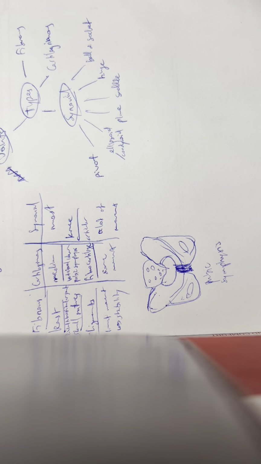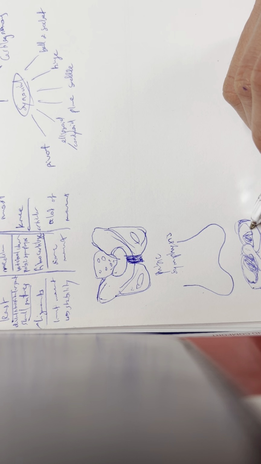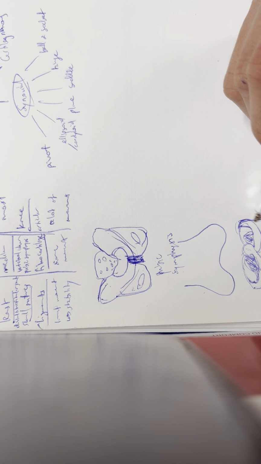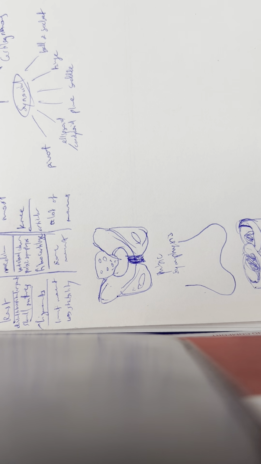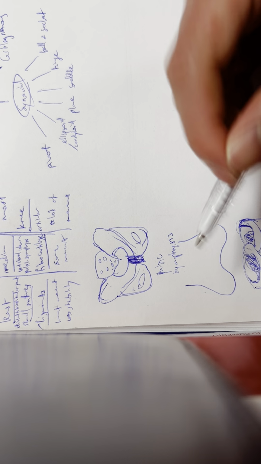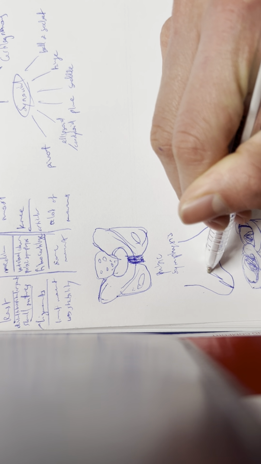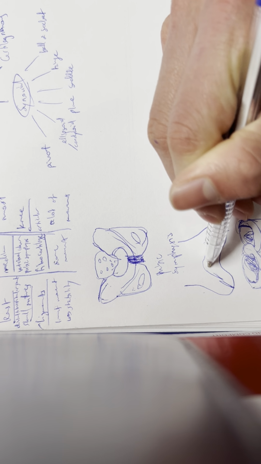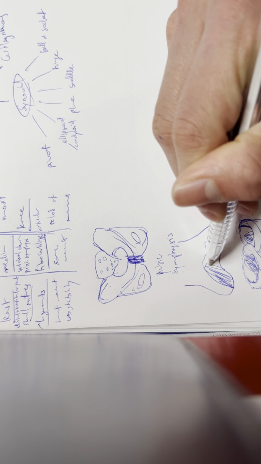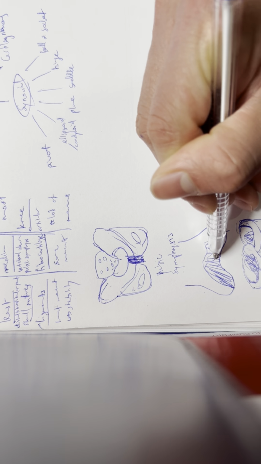Basically, you've got this bone in the middle here. This area over here would be your cartilage.